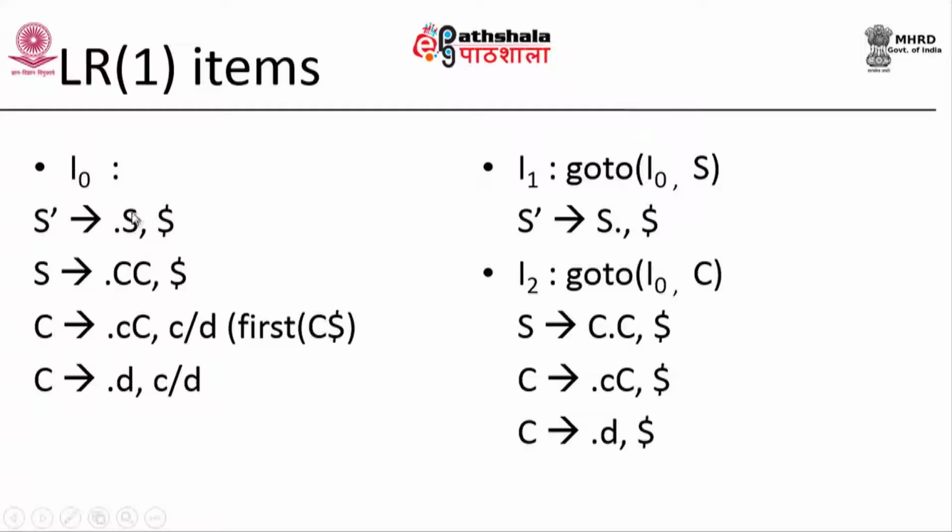So, this is your capital B, beta is epsilon here and this is your A. So, first of dollar will be only dollar. So, I have to add dot CC.